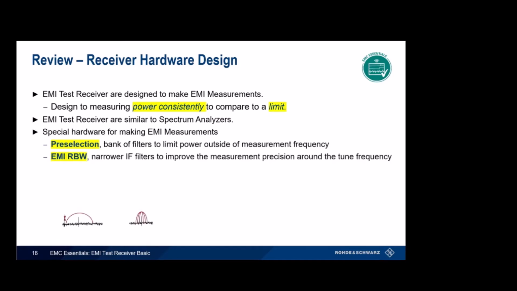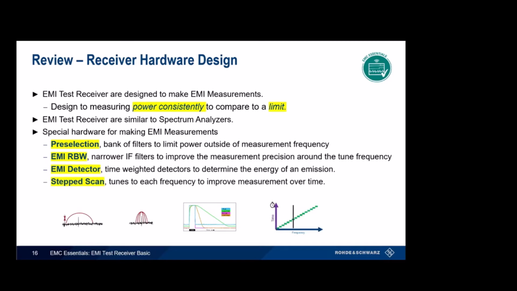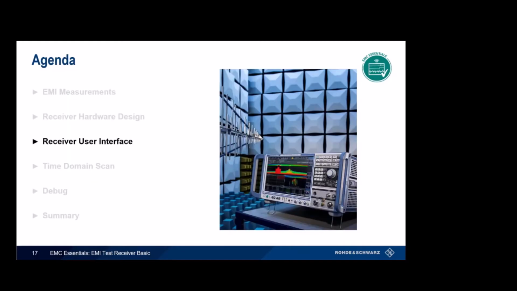Narrow EMI RBW filters are used to improve the measurement at frequencies, and EMI detectors are used with time-weighting. And step scan is used to improve measurement over time. Next, we'll move on to the receiver user interface.